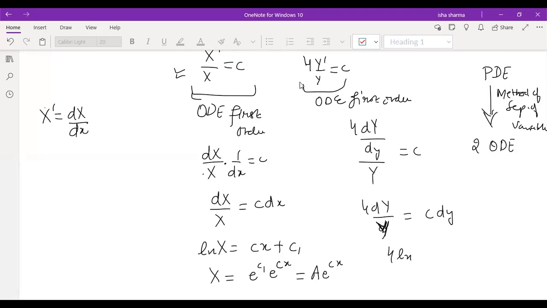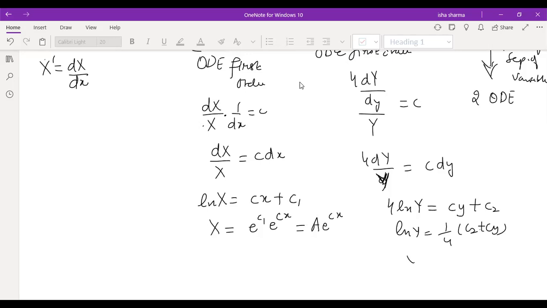So this is 4 times log of Y is equal to c y plus c2, or you can shift the 4 to the other side as well, 1 by 4. So log Y is equal to 1 by 4 c2 plus c times y by 4, and capital Y is going to be e raised to power c2 by 4 into e raised to power c y by 4.